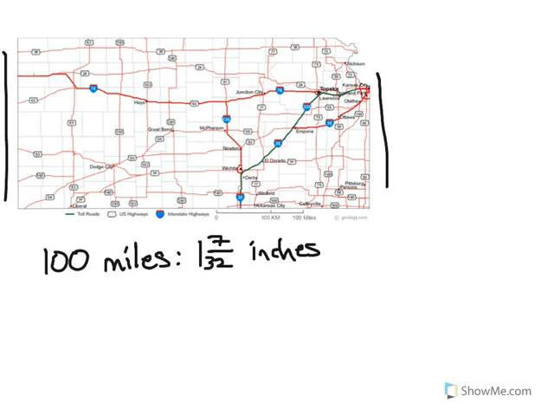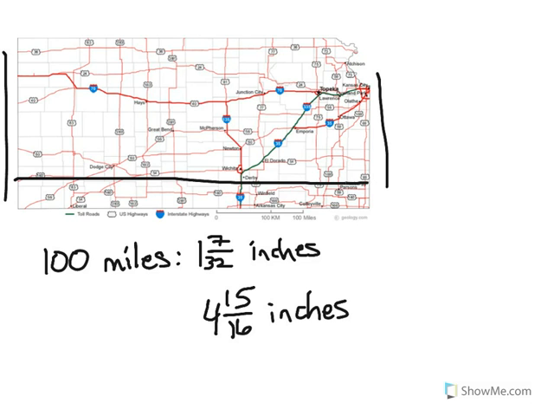As it shows on my iPad screen, that measurement is 4 and 15/16 inches. That's the distance from western border to eastern border in a straight line. Well, what I want to know is how many miles that is.